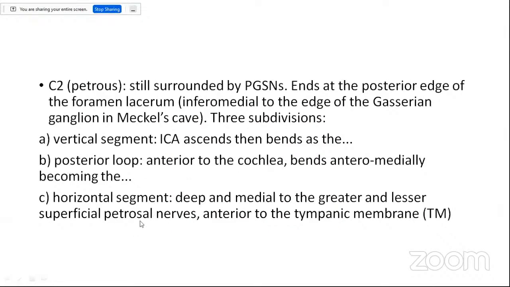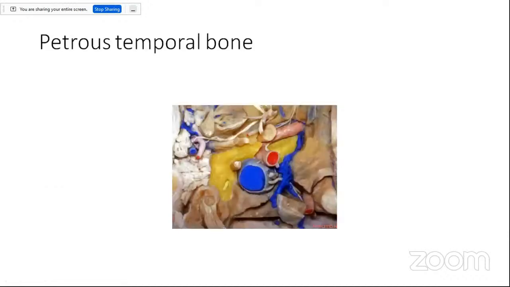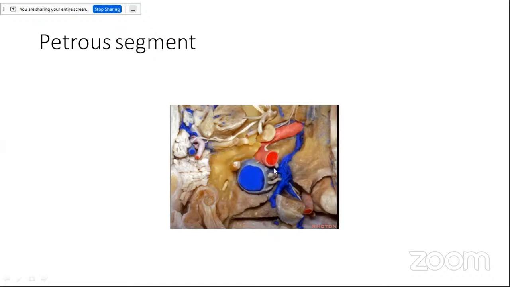So these are all turns within the petrous temporal bone, where the petrous part of the carotid artery passes through. It is accompanied by the internal jugular vein here. As we can see some other structures within this picture, for example, this is the petrous part of the ICA.